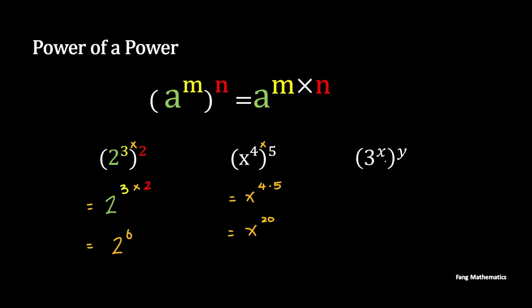Last, we have the powers in alphabets. That's fine. You have a power inside the parentheses and one outside the parentheses, directly multiply. So 3 as the base, x multiplied by y, that should give you 3 to the power of xy.